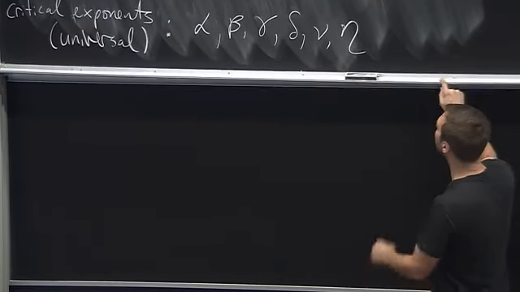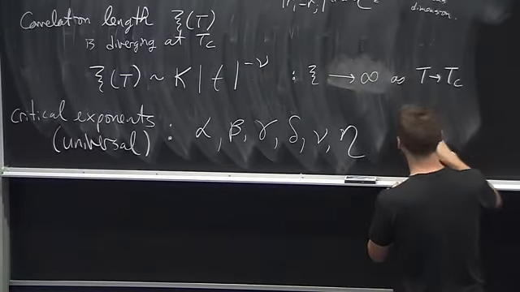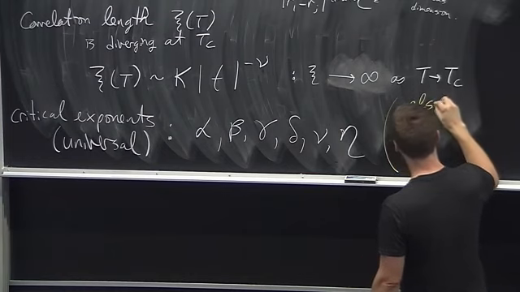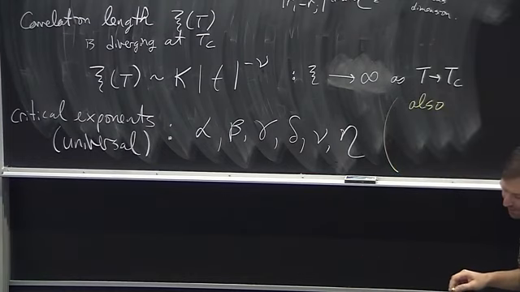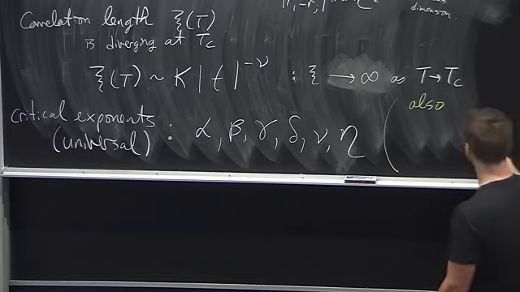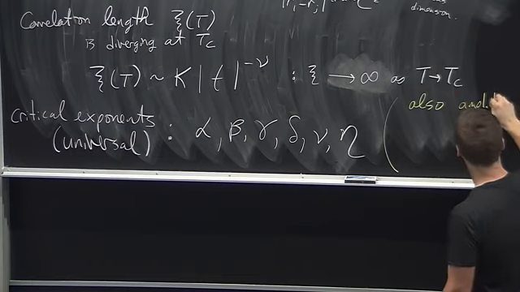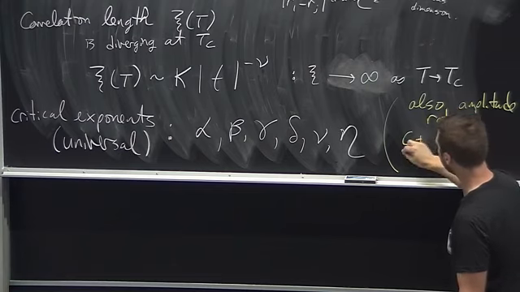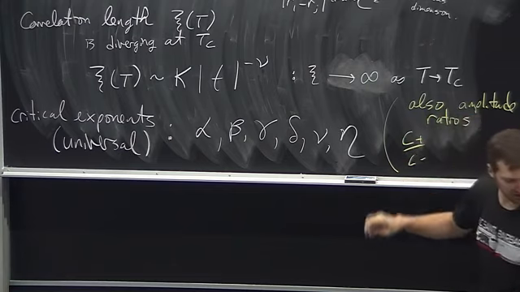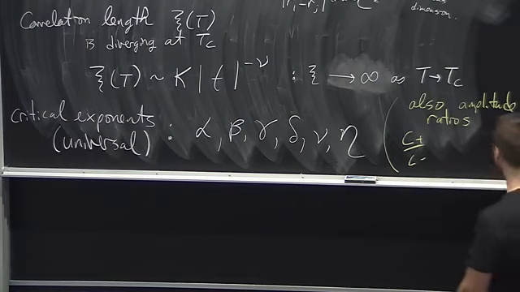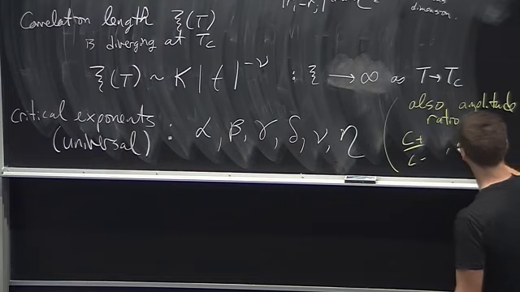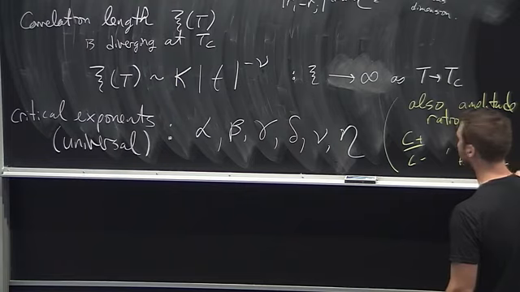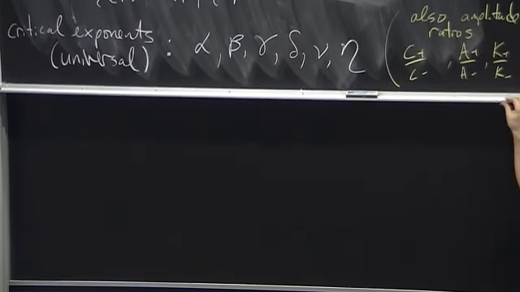There's also critical amplitudes. I'll just make a note here. You're calculating one of these in your assignment. We're not as interested in these amplitude ratios. So C plus over C minus, maybe that's the one you're calculating. You have critical amplitudes A and kappa. But the exponents are what we're most interested in.